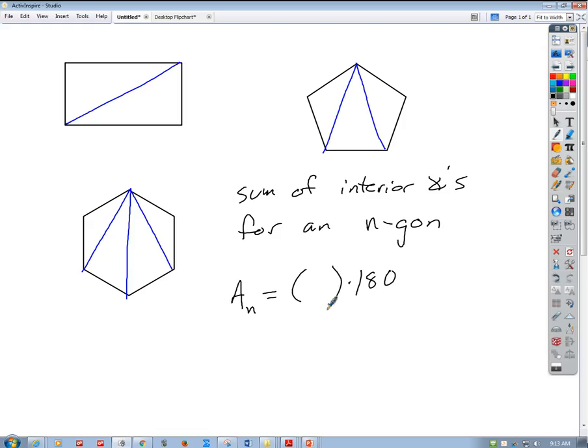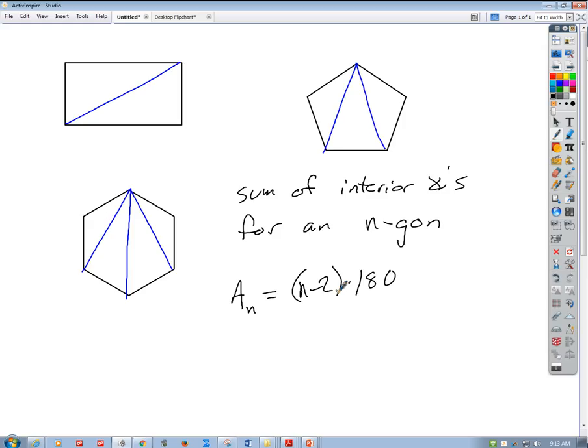So what I'm looking at is whatever n is, 2 less than that is just n minus 2, right? So the sum of the interior angles for an n-sided polygon is just n minus 2, whatever that number is, times 180, right?